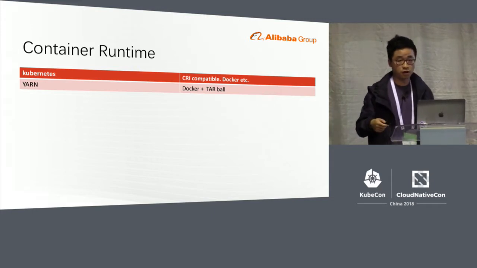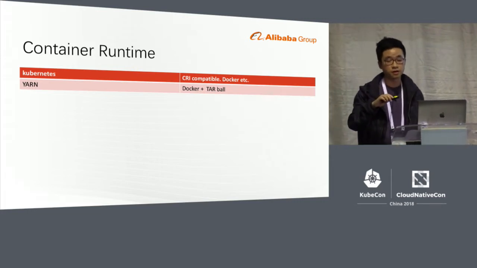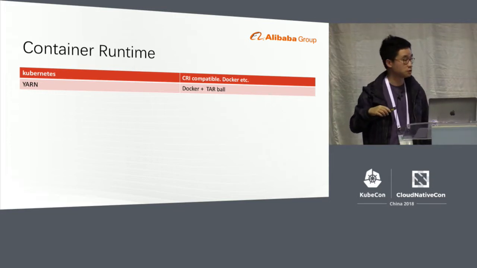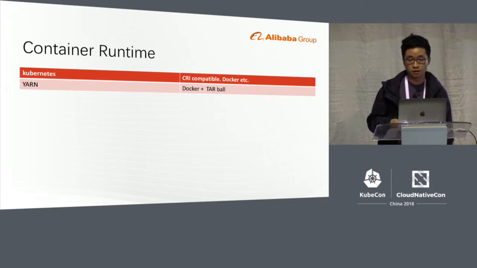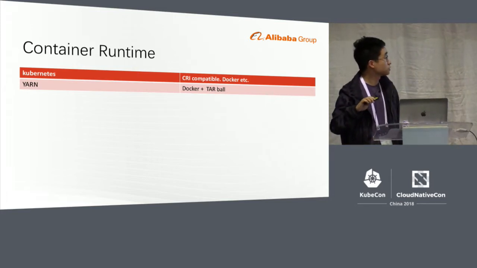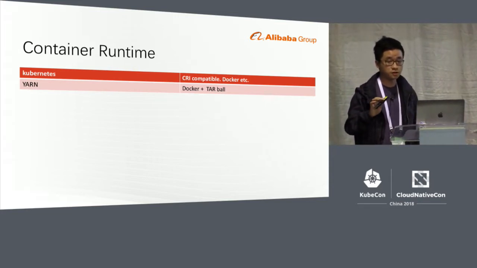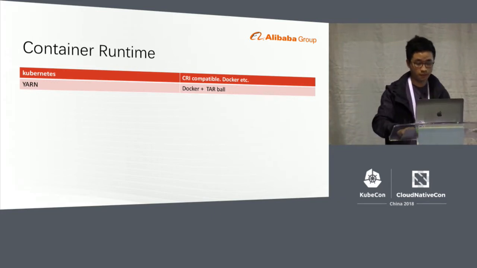So YARN uses resource localization logic. It is very complex, and it is related to different customers' access. If customers want private control over their own resources, each user can only access their own resources. That is their requirement. However, with Kubernetes using Docker, all of these are uploaded to Docker, and this is not private.